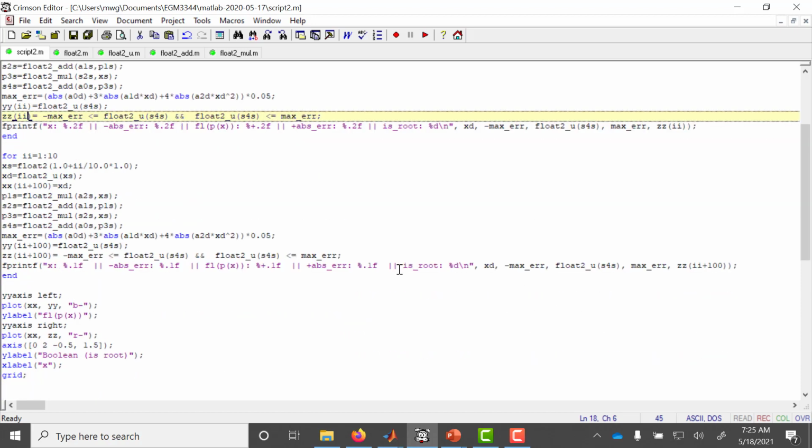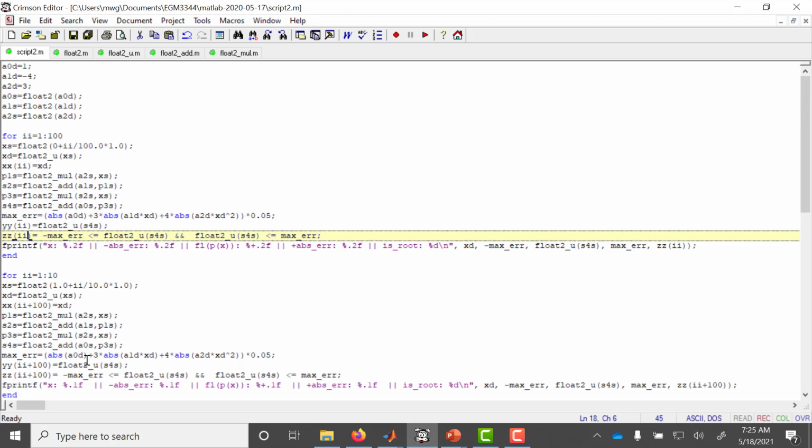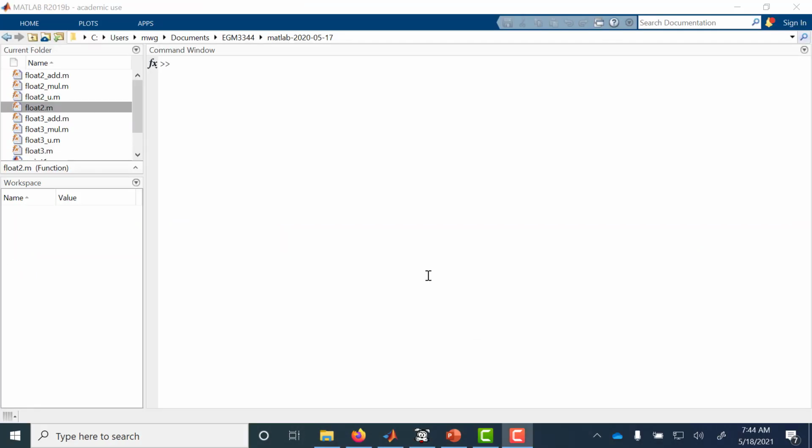And then I repeat it at a little bit different granularity for values between 1 and it looks like 2, to keep the 2-digit representation. Print that out, and then I plot my polynomial value, and I also plot the Boolean value. So that's how the script works.